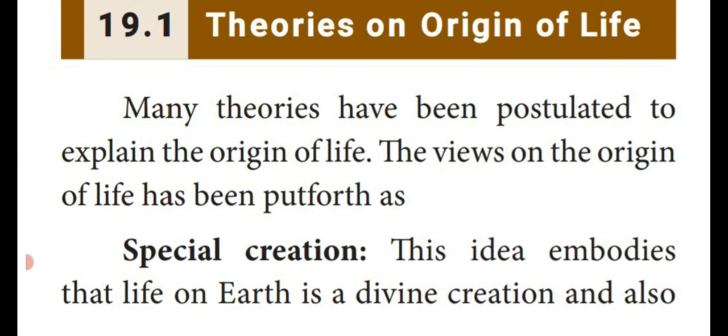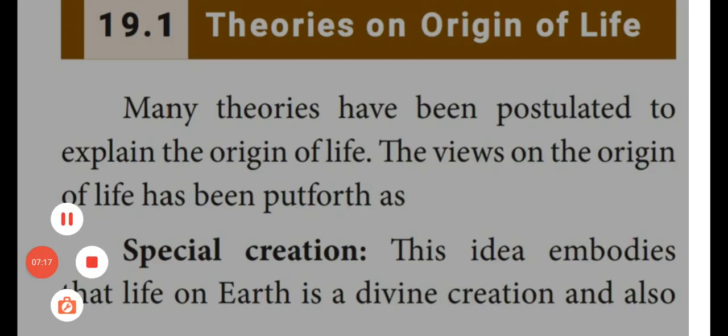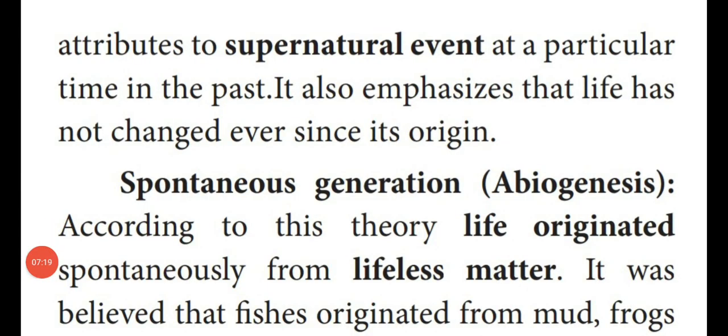According to this theory, life on the earth was made by God in the heaven. That's why it is said the earth originated by divine creation, that means by God. And also the life was created by a supernatural event at a particular time in the past.